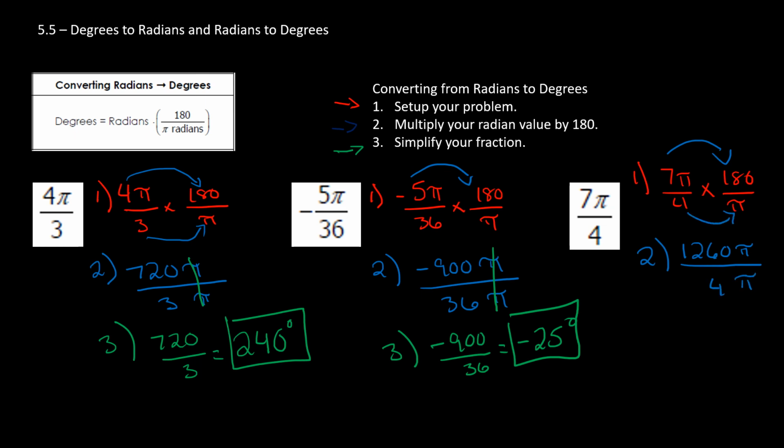We multiply down here as well. And our last step, simplify this out. Pi over pi simplifies out to 1. So we're left with 1,260 divided by 4. And that simplifies down to 315 degrees.